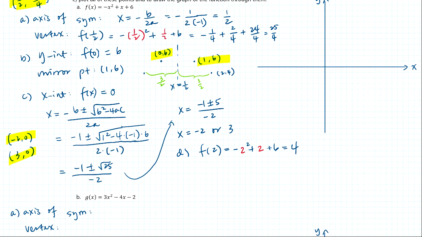So 1/2 minus 3/2 gives me negative 2/2 or negative 1. And therefore, this is the other point that I want to have. These are the 2 points I want to include in this process: 2, 4 and negative 1, 4.